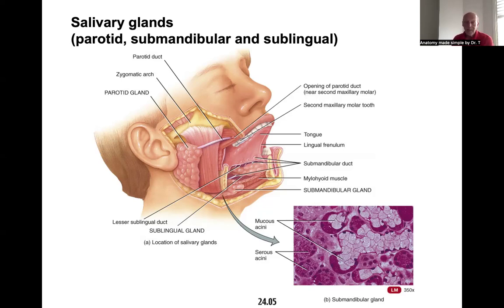There are three basic major salivary glands, and as I mentioned, multiple microscopically visible salivary glands scattered throughout the mucous membrane of the oral cavity.